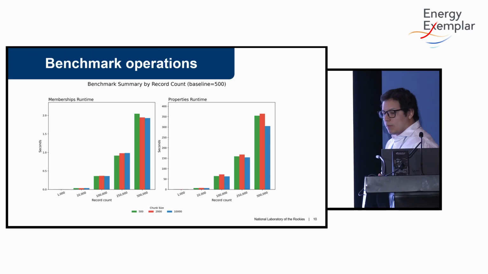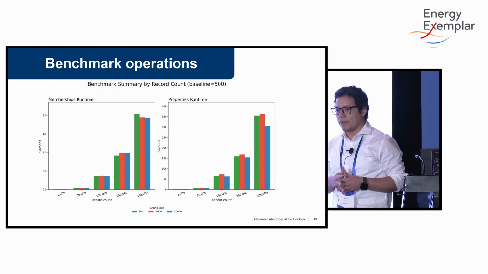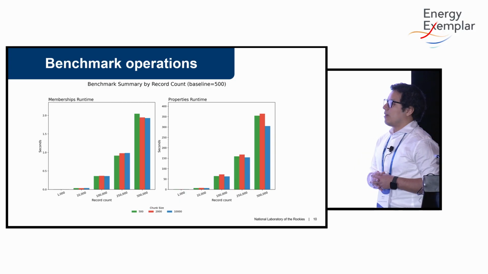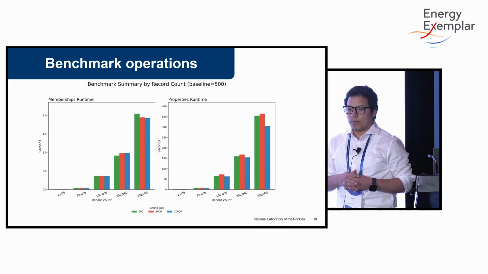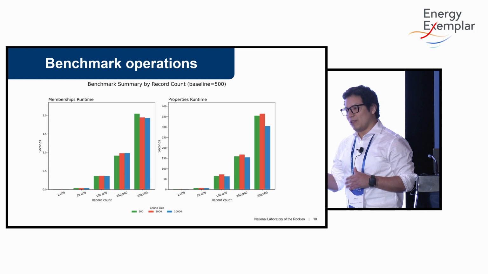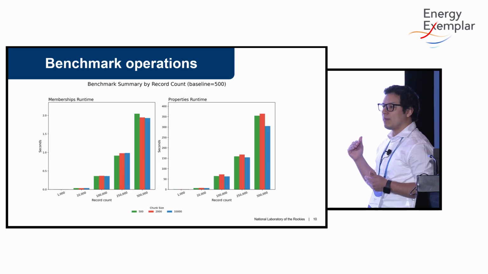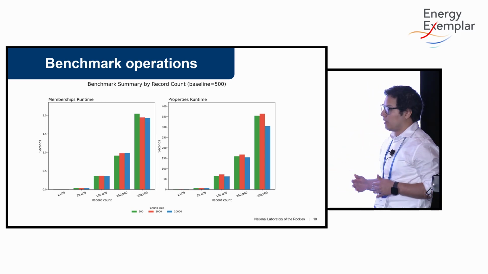Now, regarding the benchmark operations, we tested this out, as I was mentioning, with the Eastern Interconnection system, which is about more than 500,000 memberships and more than 1 million properties, and we measured all of them as a benchmarking system, since all of the other ones will work correctly after testing on this one.